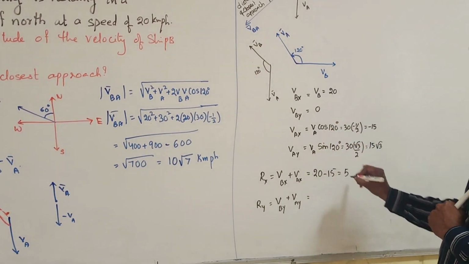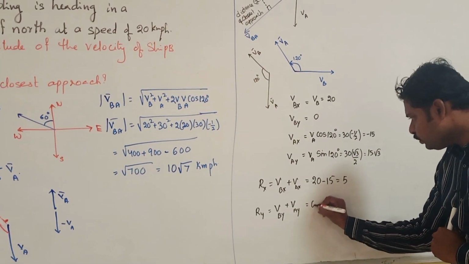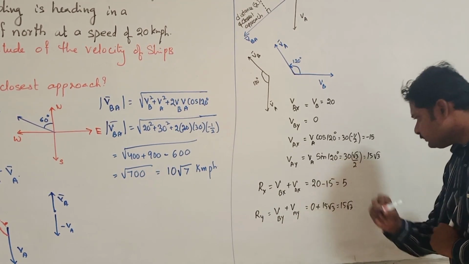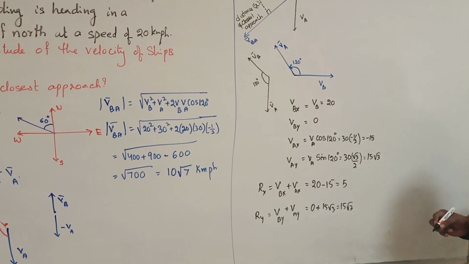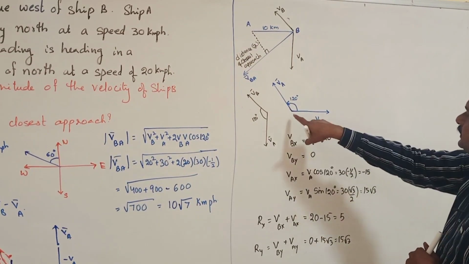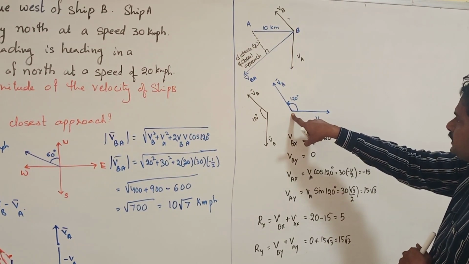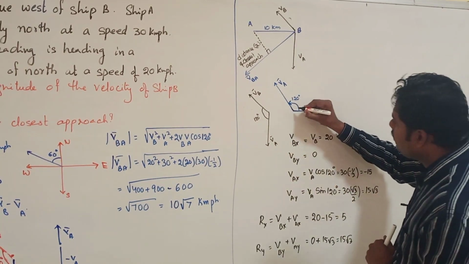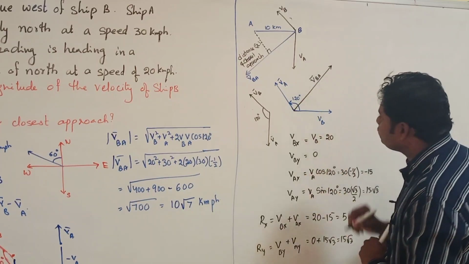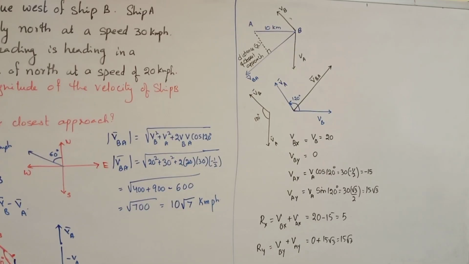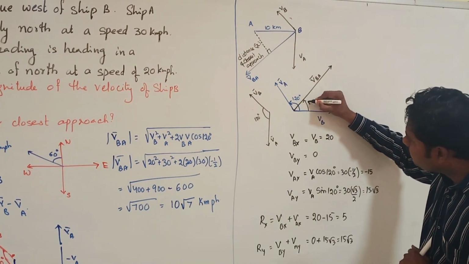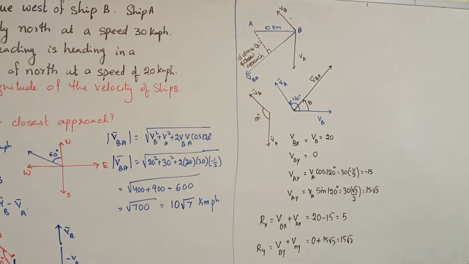Here VBY is 0, and this is simply 0 plus 15 root 3, so 15 root 3. Now let's say a vector starting from the same point, as A and B, we need to write the vector called VBA, which is making an angle beta from the VB vector to the resultant vector.